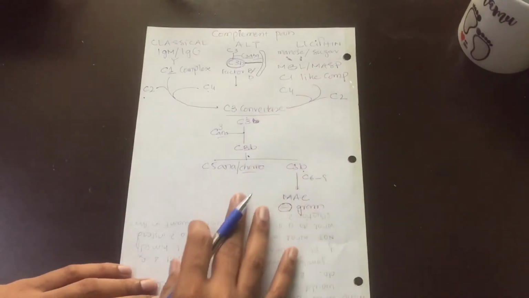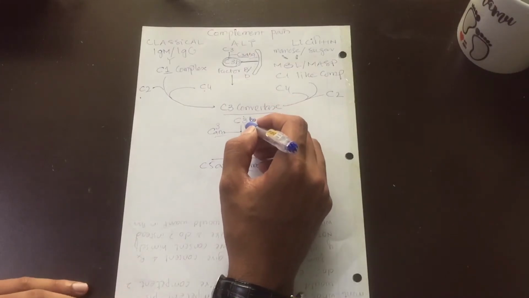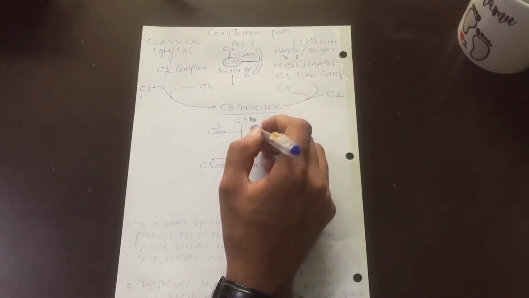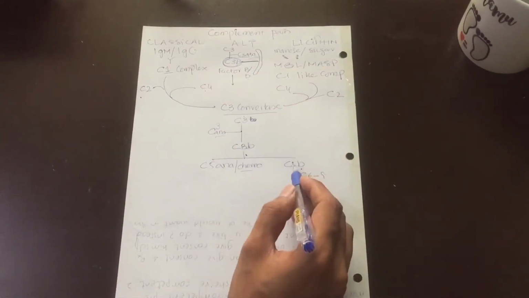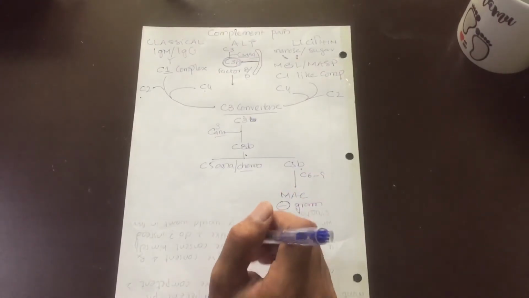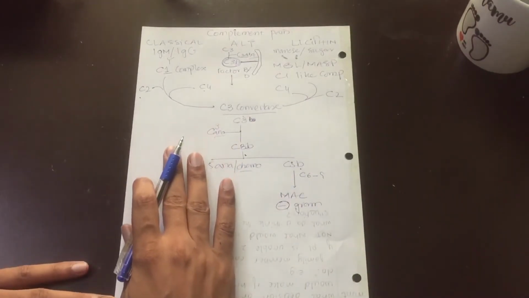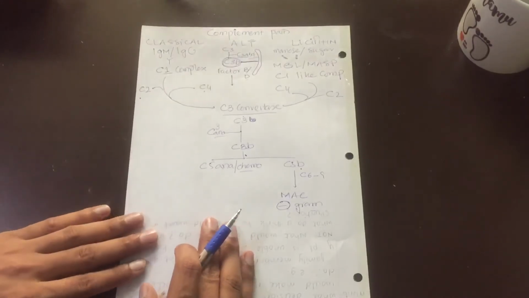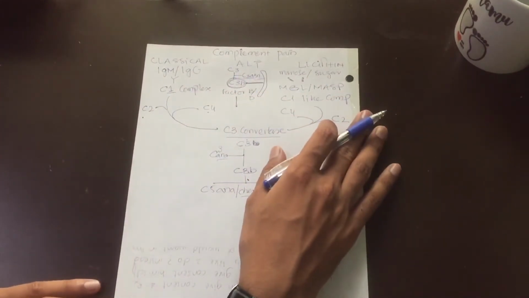They go to C3 convertase, which converts C3 to C3b to C5b and the MAC. So far we have learned the three main pathways.